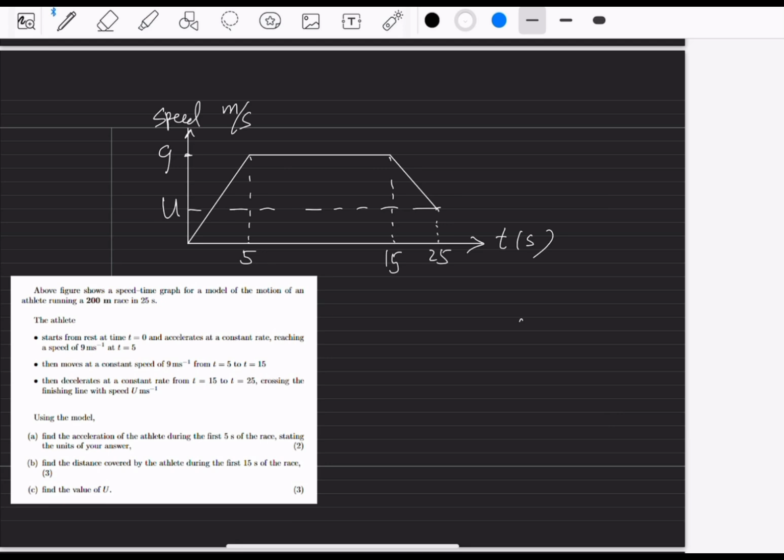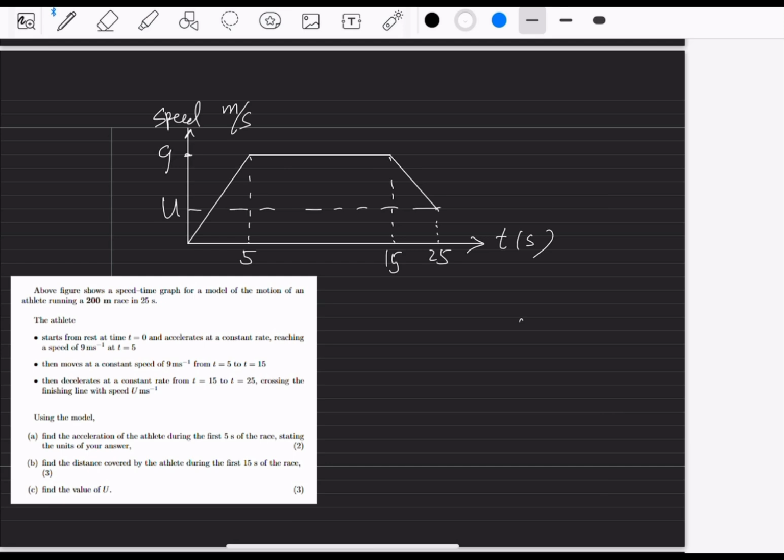The figure shows a speed-time graph, a model of the motion of an athlete running a 200-meter race in 25 seconds. The athlete starts from rest at time t equals 0 and accelerates at a constant rate, reaching a speed of 9 meters per second at t equals 5. Then it moves at a constant speed of 9 meters per second from t equals 5 to t equals 15, basically 10 seconds.